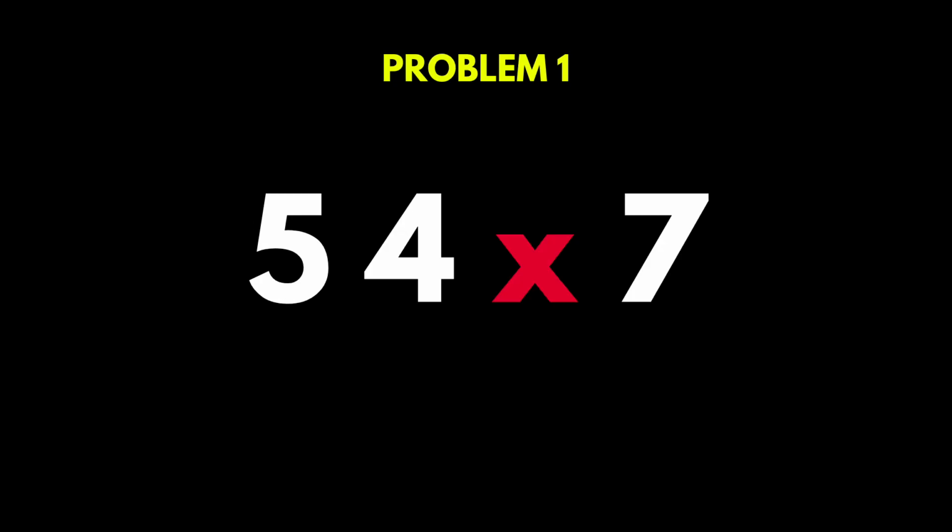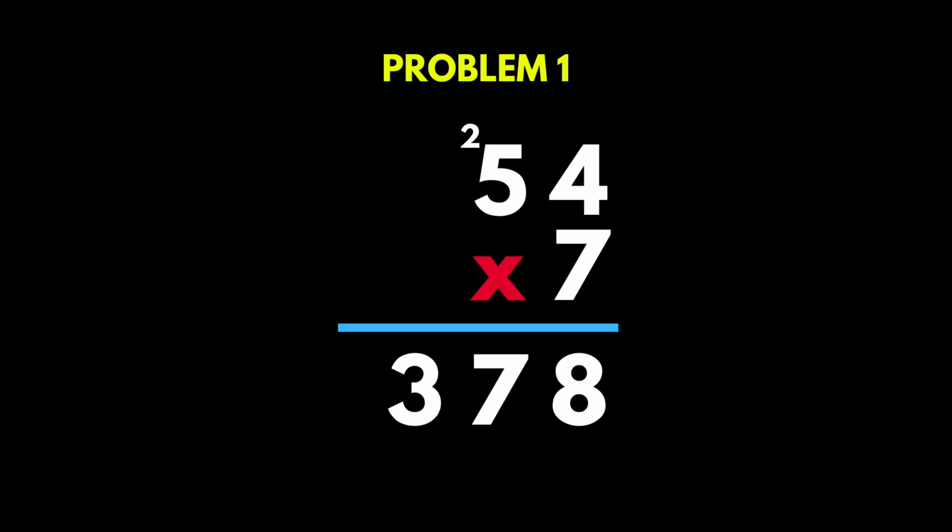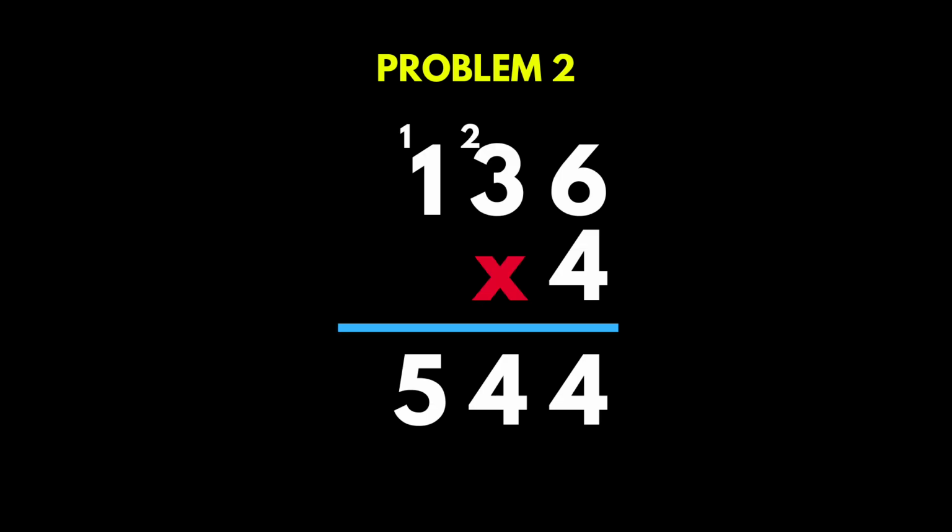Problem 1. 54 times 7. 4 times 7 is 28. Write 8, carry 2. 5 times 7 is 35, plus 2 is 37. The answer is 378. Problem 2. 136 times 4. 6 times 4 is 24. Write 4, carry 2. 3 times 4 is 12, plus 2 is 14.